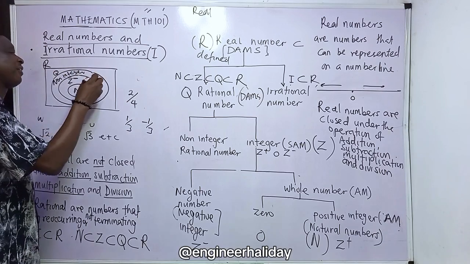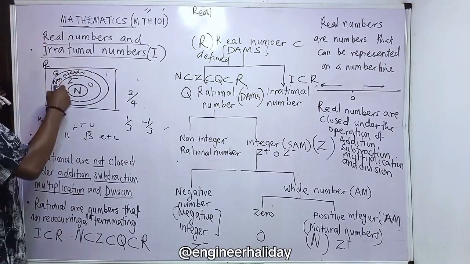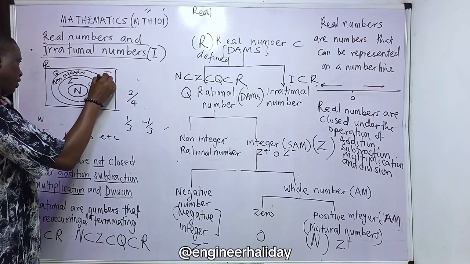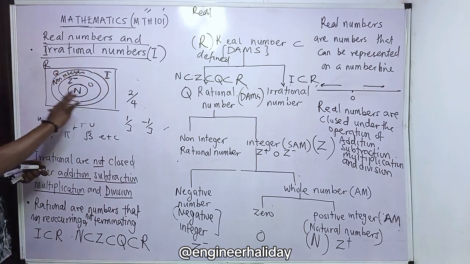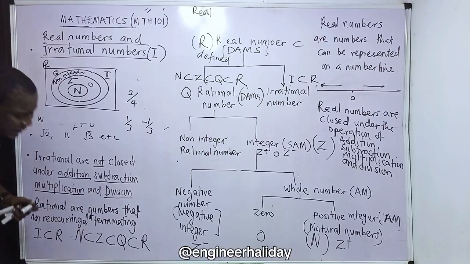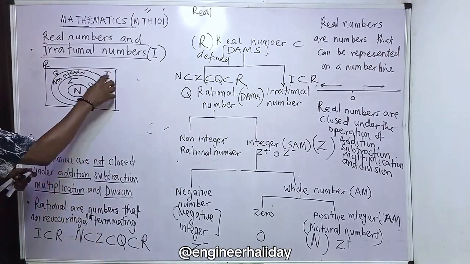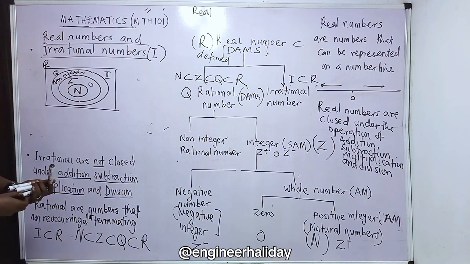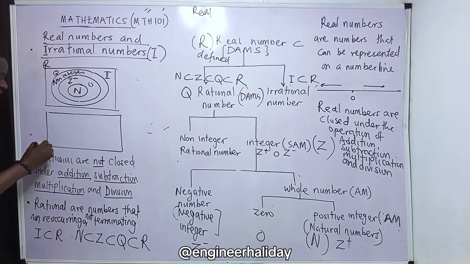Outside the rational number we are going to have those that are not part of the circle, but part of real number. That is the irrational number; it does not belong to any of the circles, it is on its own. Can we now say that the irrational number and rational number are disjoint sets?